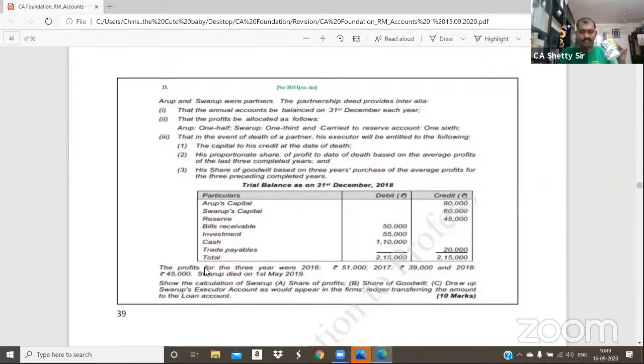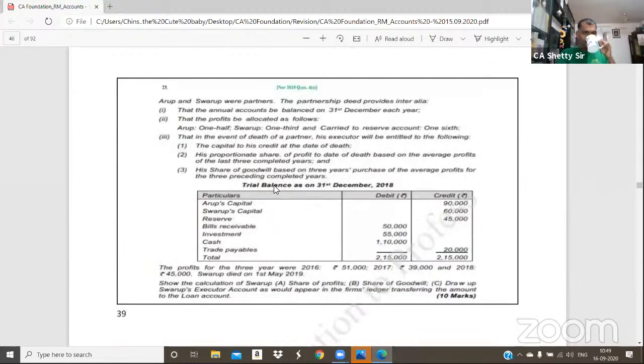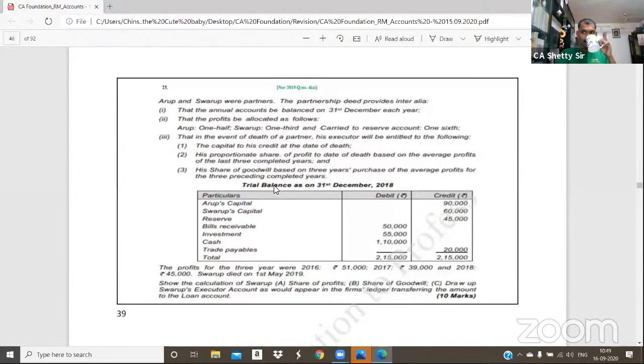Therefore, average profit for the year is equal to 45,000, that is 1,35,000 divided by 3 years. Therefore, profit for 4 months: don't make a mistake. 45,000 into 4 by 12 months. How much?